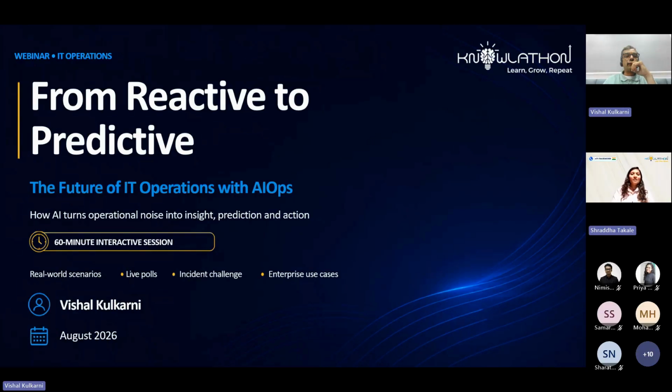Over the next hour, we'll look at how AI can help in identifying patterns, detecting potential issues earlier, accelerating the root cause analysis, and ultimately making IT operations smarter.